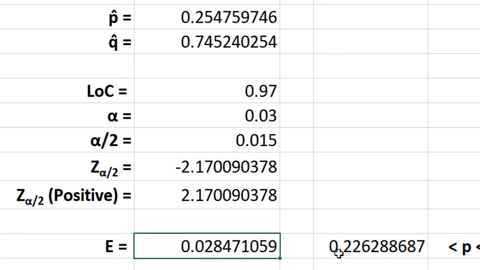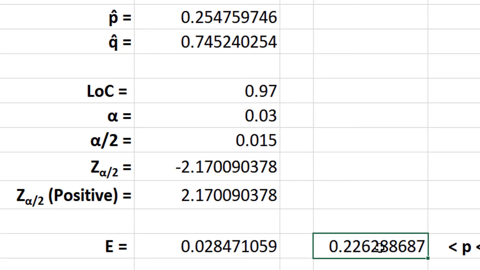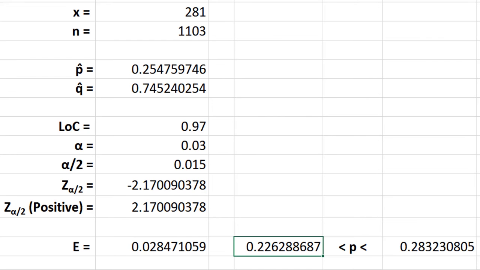And when I subtract that number from my p-hat value, which is this number on the left, that's what I get. And on the right side, I get the 0.2832 number from adding E to p-hat.